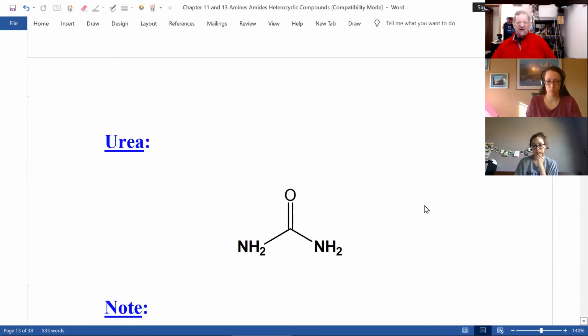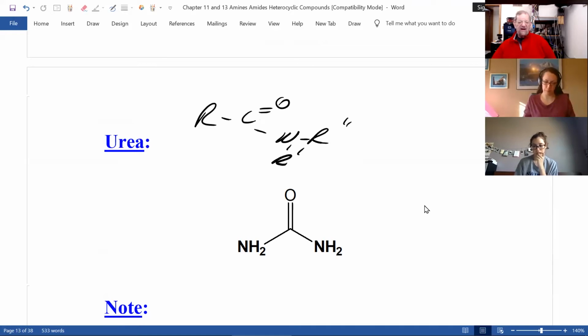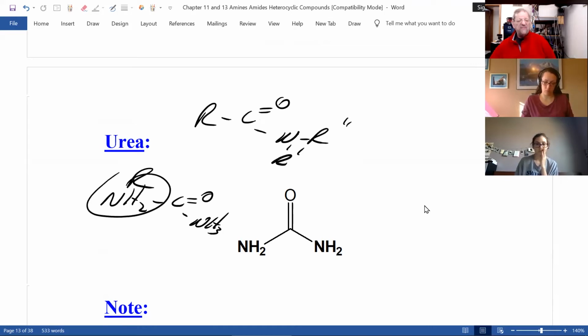Now, it turns out, even though amides are like this molecule where this is my R group, it is still considered an amide. It does a lot of the same chemistry as amides.